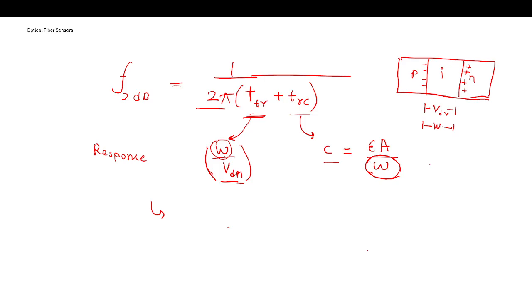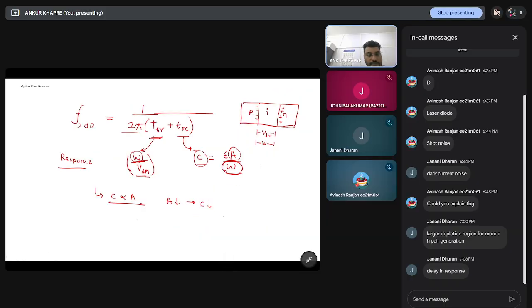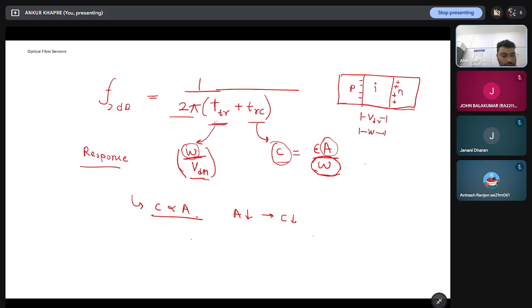So you can't change this parameter freely, or you need to increase W to get a larger response value. But if you are increasing it, it is also affecting the capacitance, which is directly proportional to the area, and that's how the capacitance can be reduced by reducing the area. So capacitance also will be reduced, and that's how the response time can be improved. Understood? Am I clear?